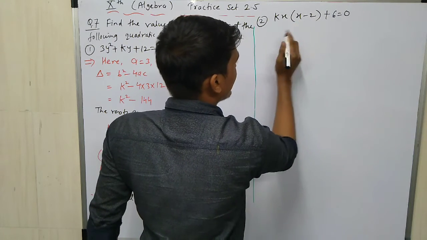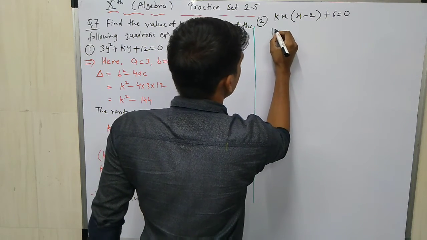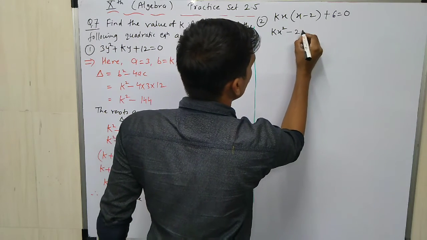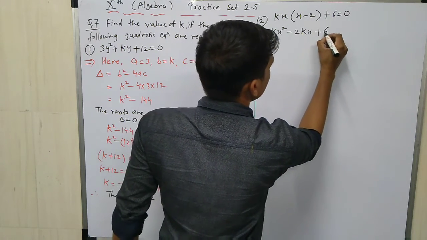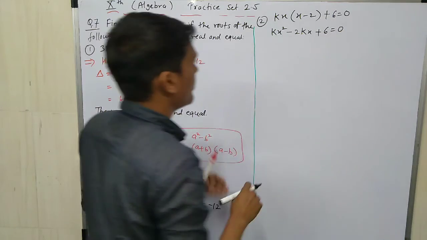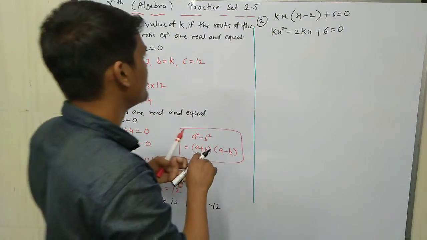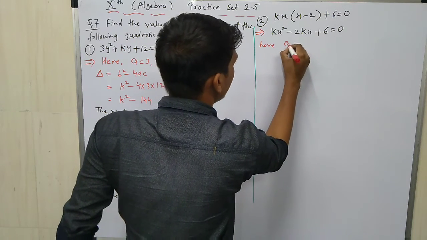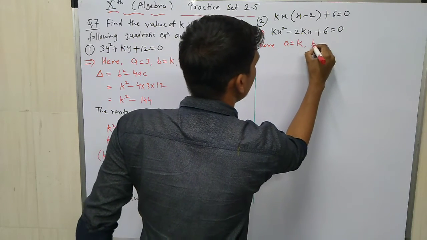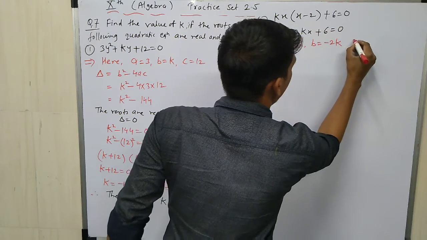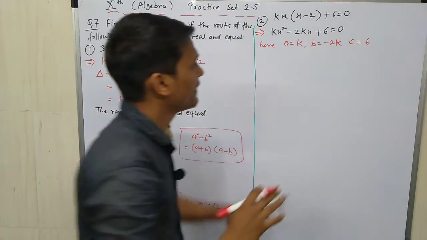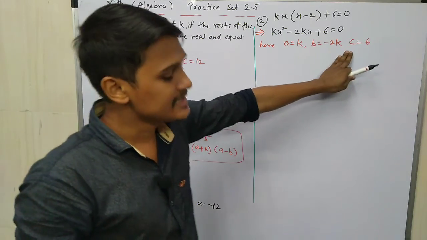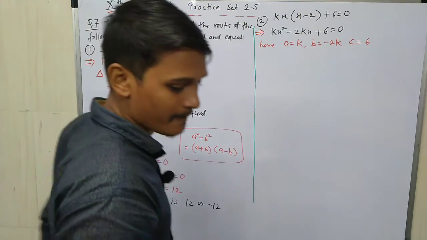We get kx square minus 2kx plus 6 is equal to 0. Now here a is equal to k, b is equal to minus 2k and c is equal to 6.